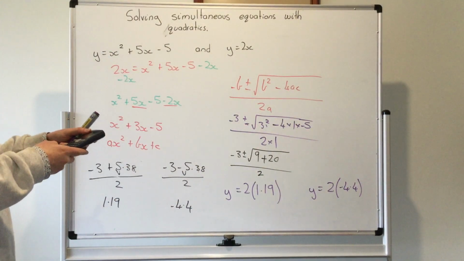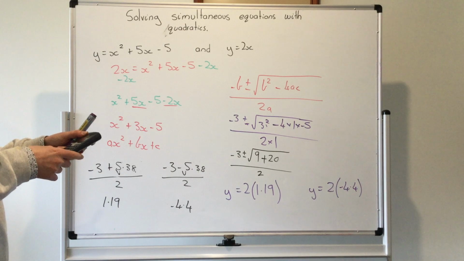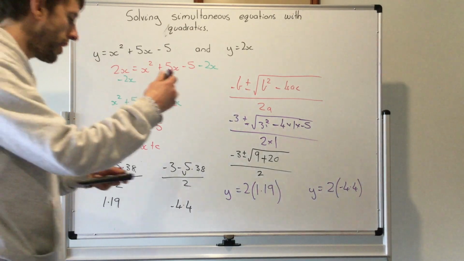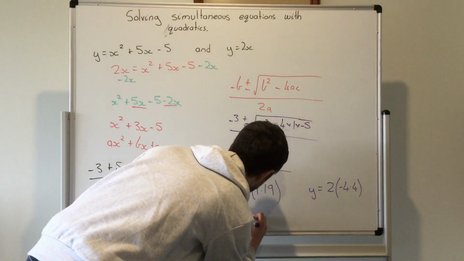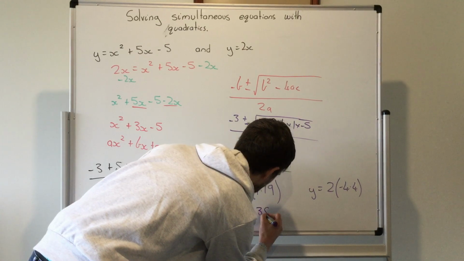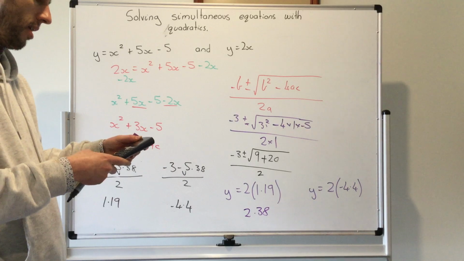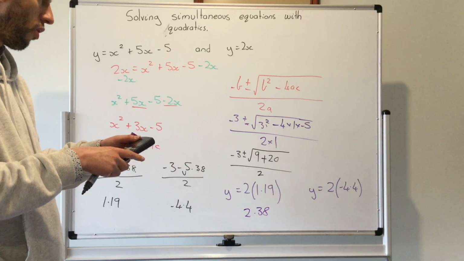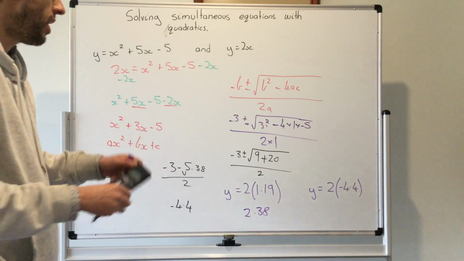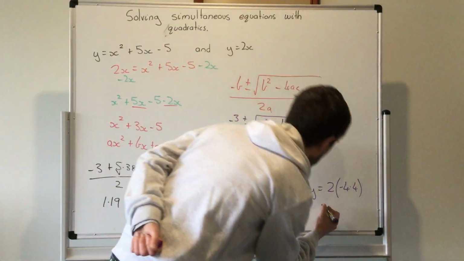So 2 times 1.19 equals 2.38. And 2 times -4.4 is -8.8.